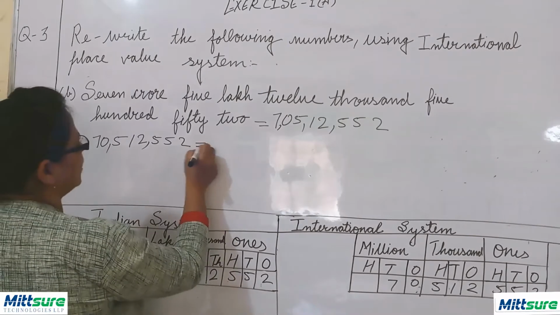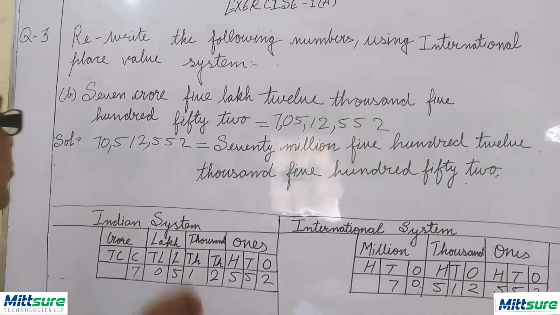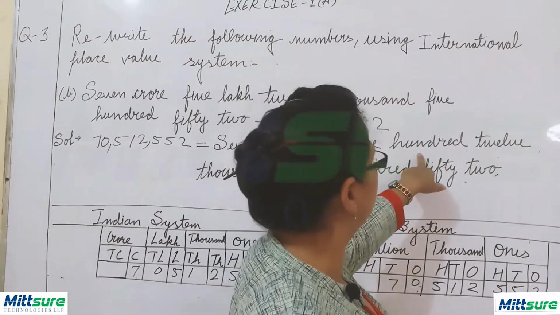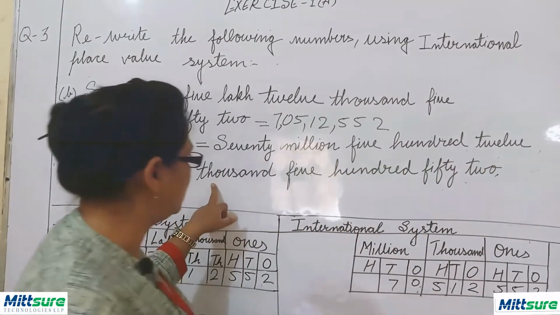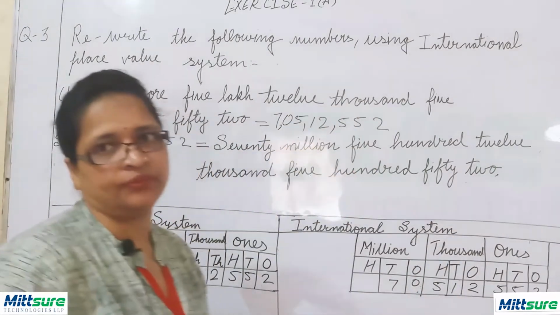Now if I write this in number name, it will be 70,512,552.